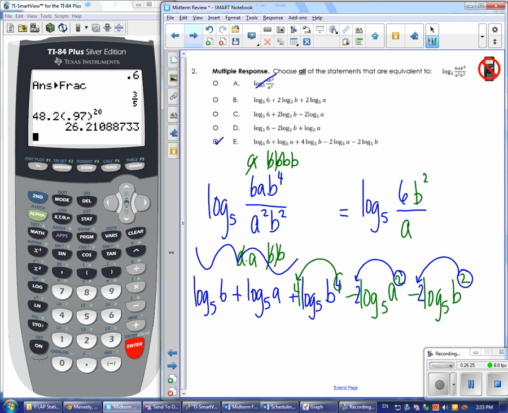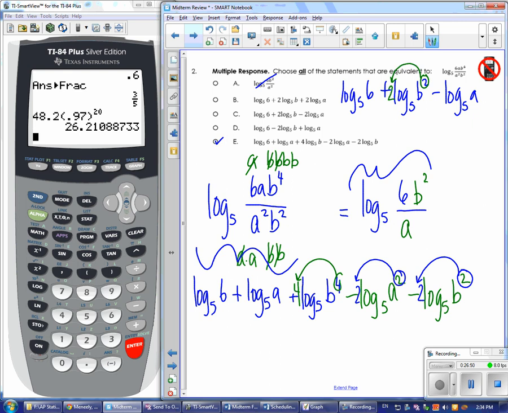If I simplify this expression here, I'm just going to do this up at the top. I'm going to have the log base 5 of 6 plus the log base 5 of b squared, and then I'd need to subtract the log base 5 of a. And I know that this exponent here can come out in front.